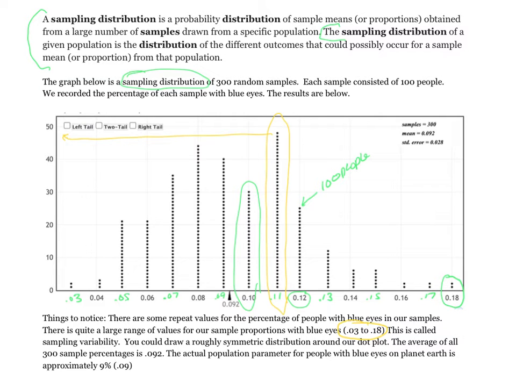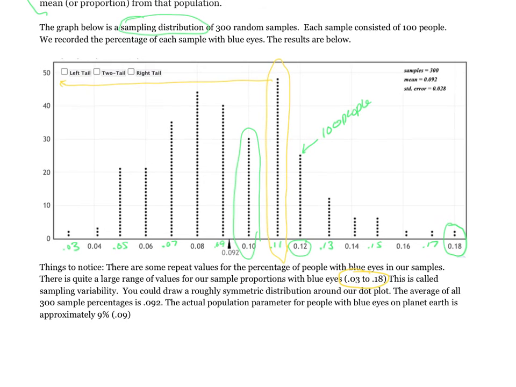So that's sampling variability: every time we take a sample, we're not going to get exactly the same answer. But the answers we do get form a distribution. I'm going to change color here.